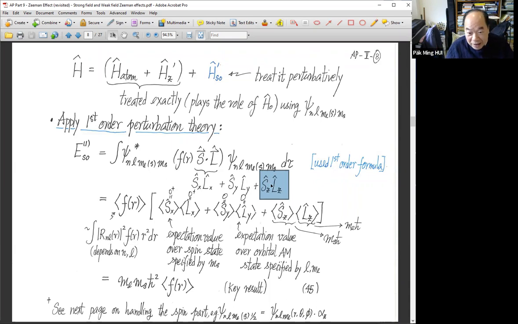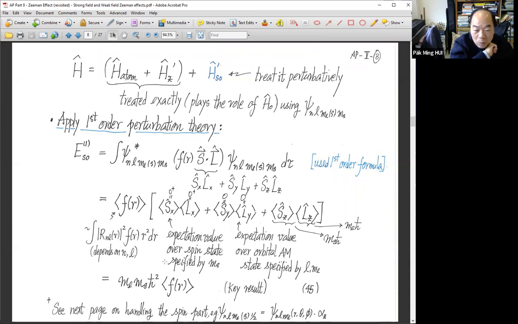That's easy. When Sz hits this thing, this is m_s ħ. When Lz hits this thing, it is m_l ħ. First order perturbation is easy to do. The spin orbit part will give us this combination from the z dot product. And don't forget, this integration has a radial r squared dr integral to do.